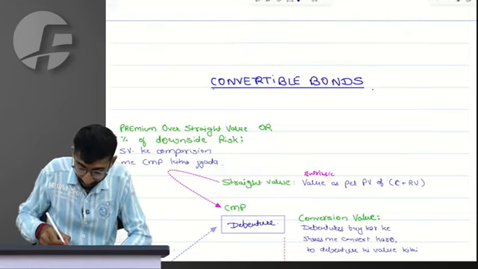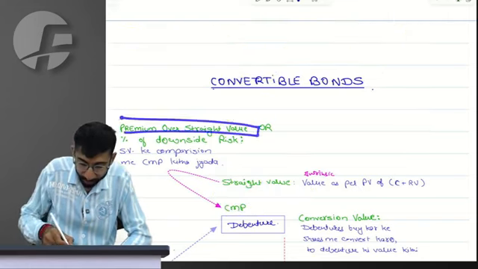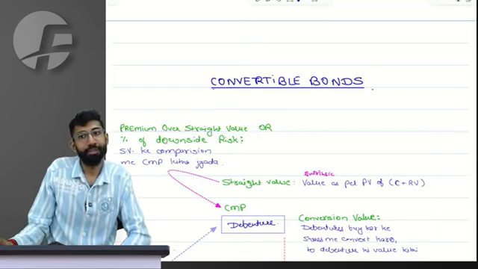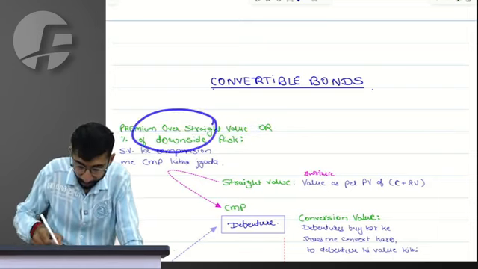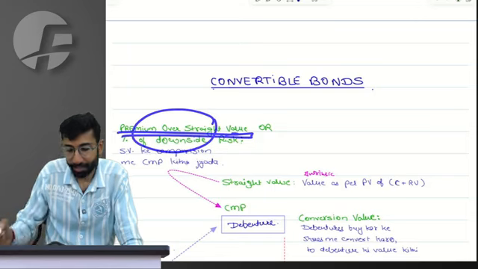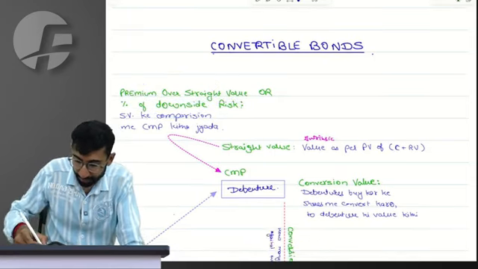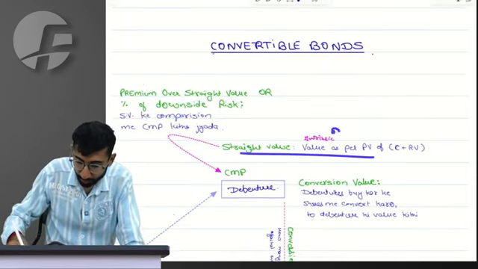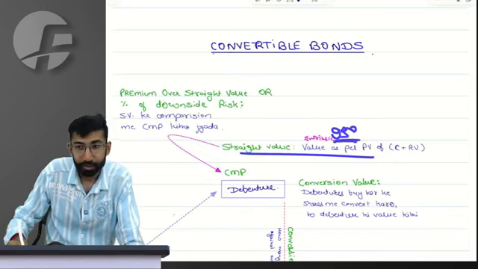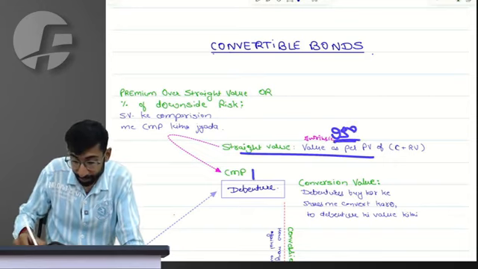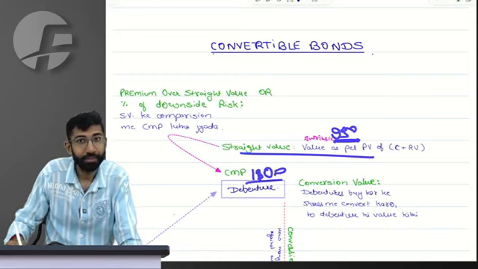So if I have to calculate the premium over the straight value of a bond, you would be able to understand it on your own. For example, the straight value is 950, but the price in the market right now, the CMP, is 1100. Why is that?